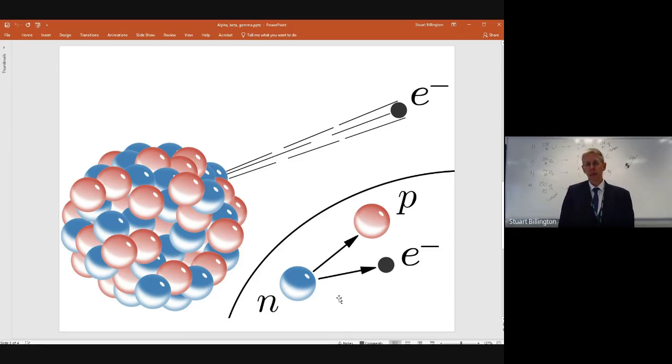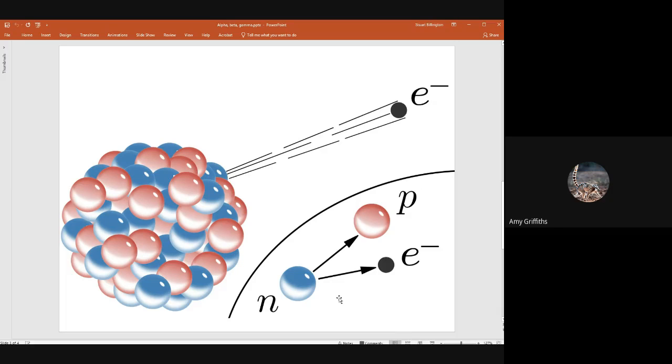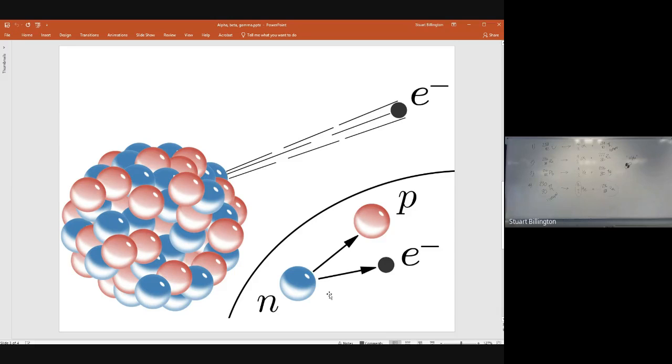Then years later, when we got better machines and better experiments, we worked out that it was, in fact, an electron. So you can call it beta, or you can call it an electron. It's up to you. Should I put neutron turns into a proton when it separates from the nucleus? When it releases a beta particle.